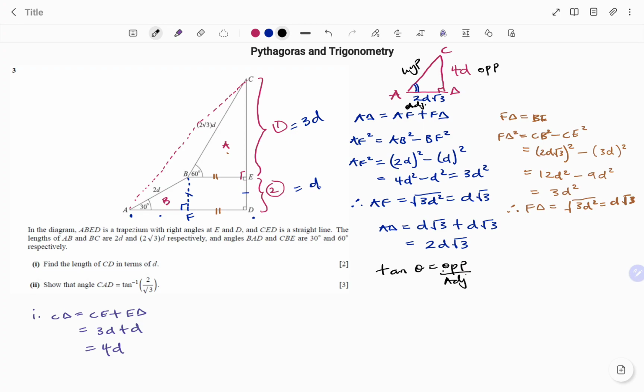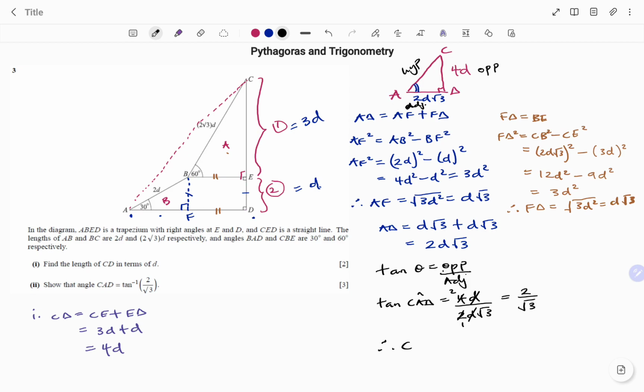My theta in this case is angle CAD. So I have tan angle CAD equals my opposite, which is 4D, over my adjacent, 2D root 3, which is equal to, I have D cancelled, 2 here 1, 2 here 2, that's 2 over root 3.